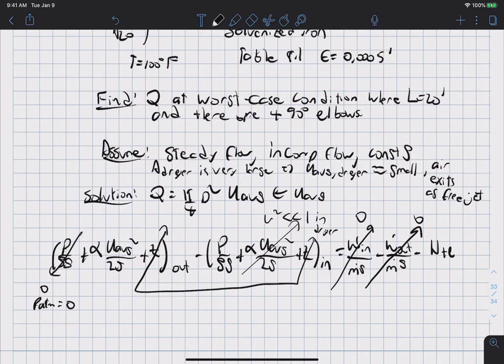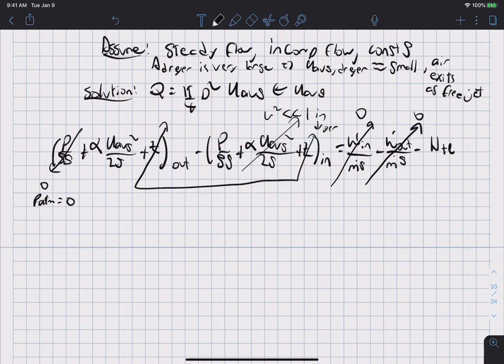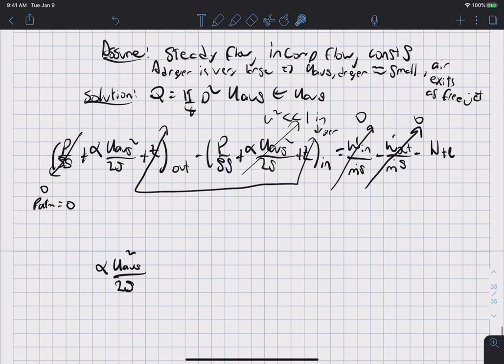And so we have most of the terms crossed out. We have alpha times the average velocity in the vent squared over 2g, which is U average, again what we are after for this problem so we can find Q, minus the pressure in the dryer divided by rho g of the air, equals minus the head losses.